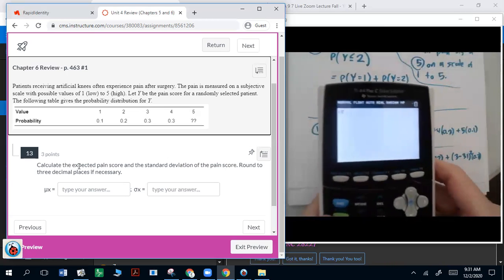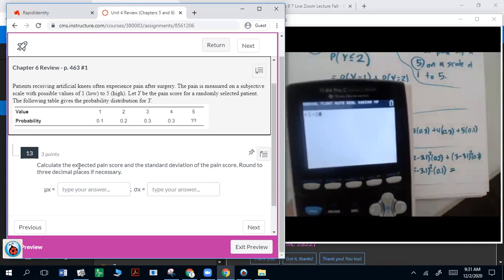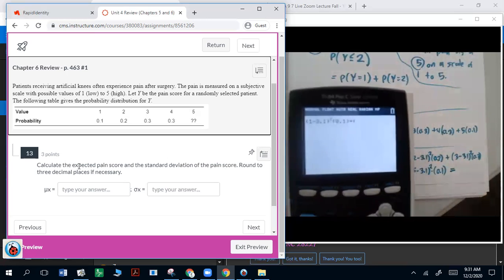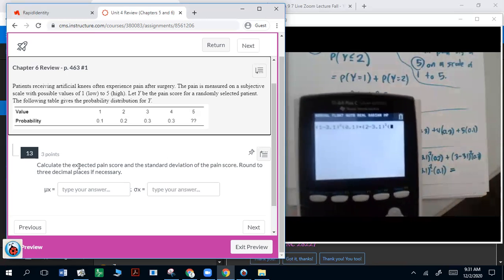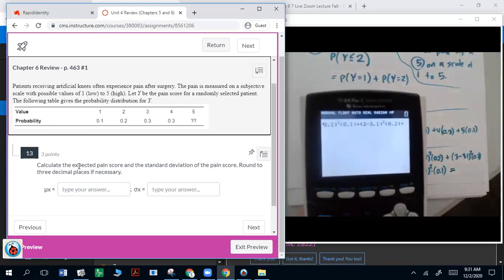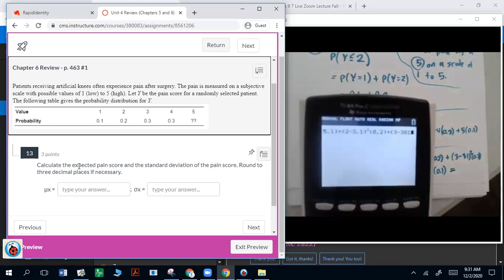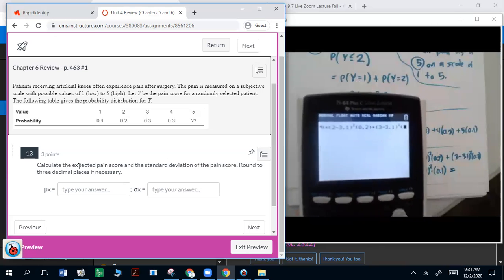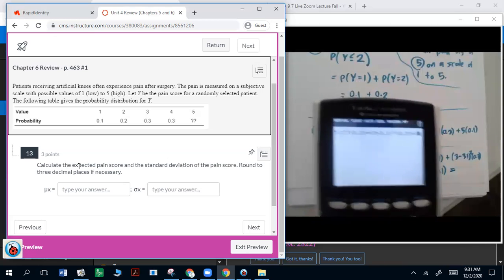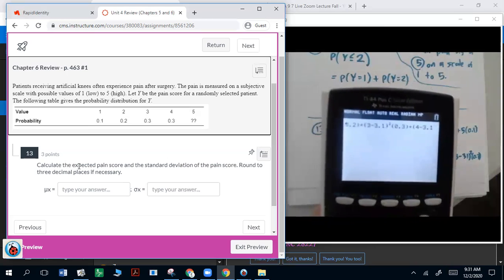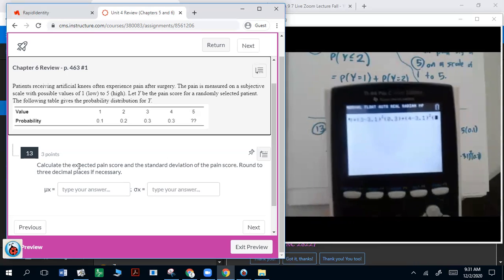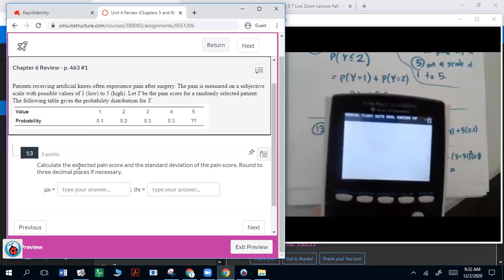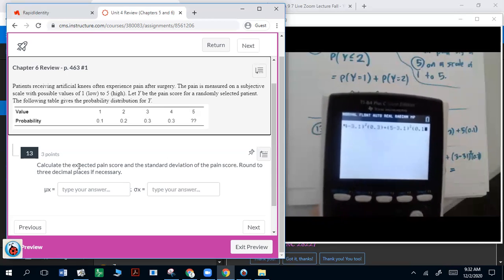And then in your calculator, you can just put this all in at once. So 1 minus 3.1 squared times 0.1 plus 2 minus 3.1 squared times 0.2 plus parentheses 3 minus 3.1 squared times 0.3 plus 4 minus 3.1 squared times 0.3, and then plus, finally, 5 minus 3.1 squared times 0.1.